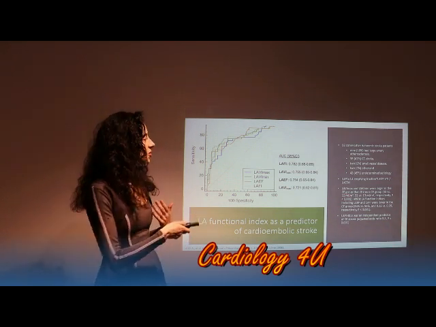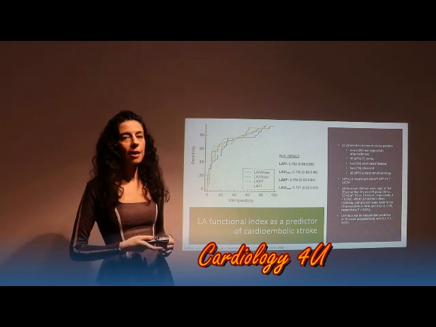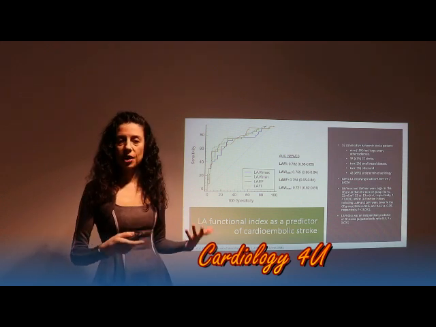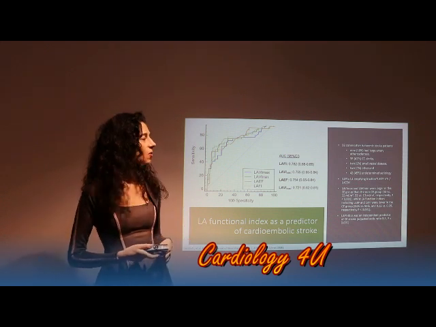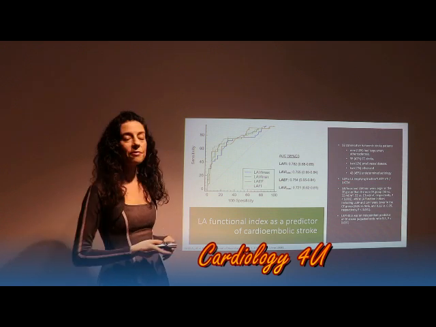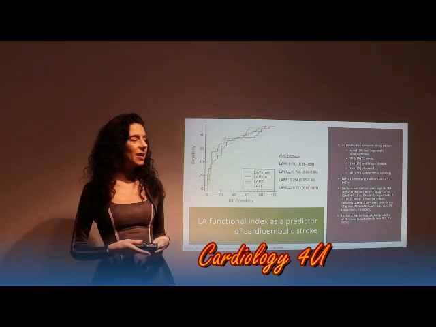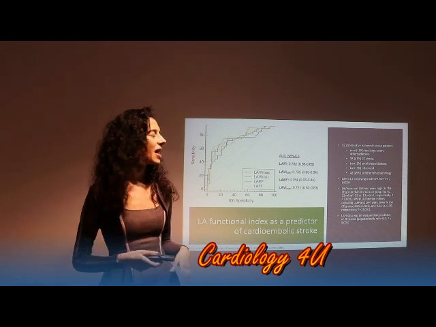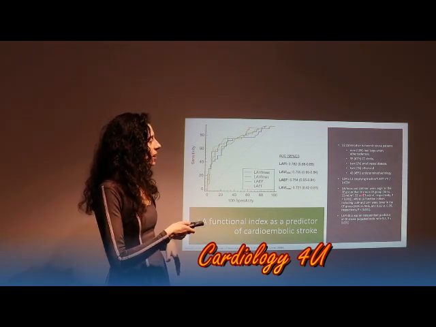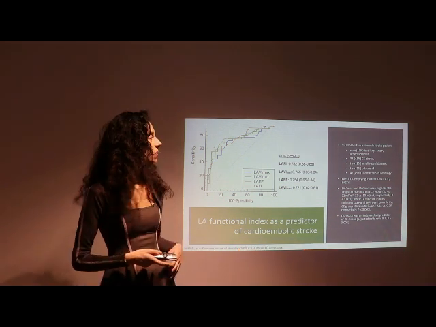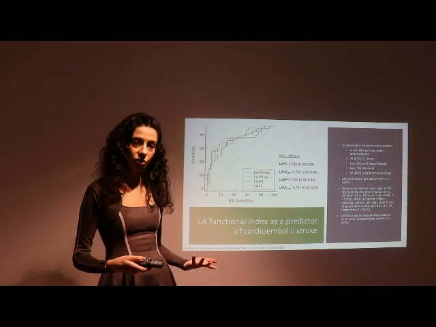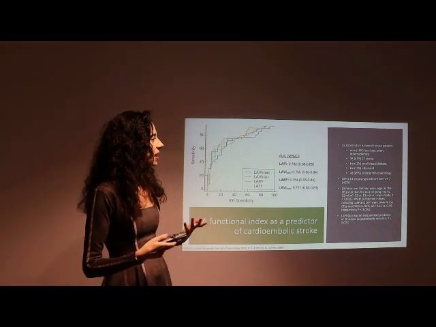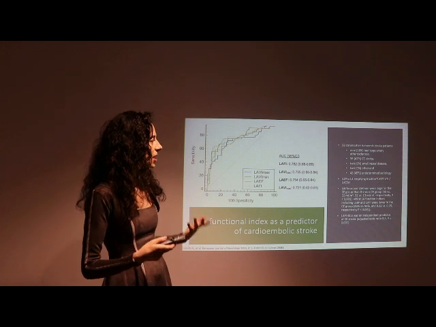This left atrial functional index was assessed by the following equation: left atrial emptying fraction multiplied by LVOT VTI and divided by the left atrial end-systolic volume index. And the authors have found that both maximal and minimal left atrial volumes were larger in those patients with cardioembolic strokes than the non-cardioembolic patients.